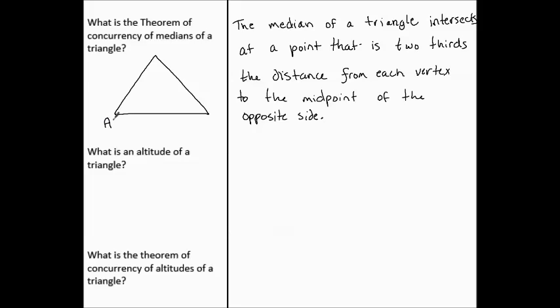So if the triangle is labeled A, B, C, with midpoints D, E, F, then the medians will go from B to F, A to E, and D to C. This theorem states that the distance from A to the point P, or AP, will equal 2/3 of the distance from A all the way to E.